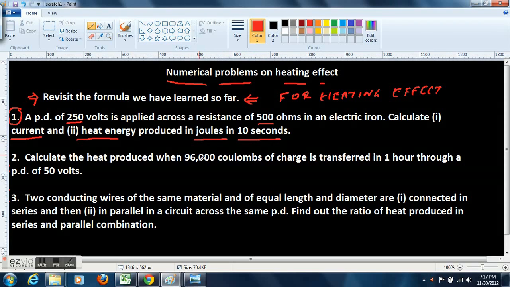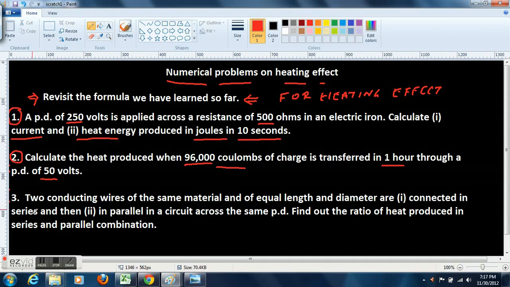Now I will read numerical problem number 2. Calculate the heat produced when 96,000 coulombs of charge is transferred in 1 hour through a potential difference of 50 volts.